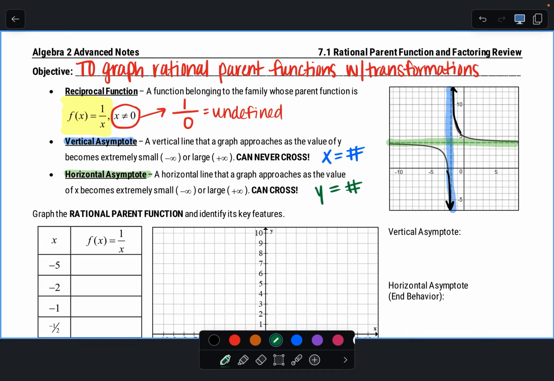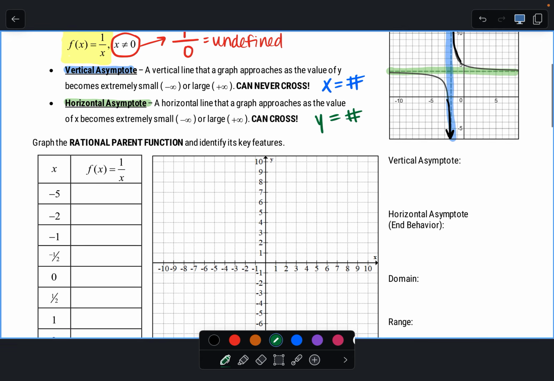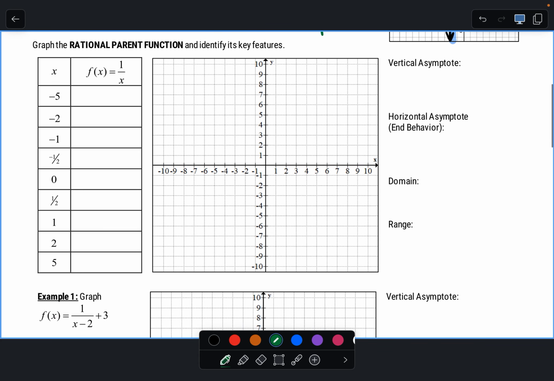So now, knowing what those transformations are, because we should hopefully know them from the many, many times we've done it this year, looking at example 1, I have 2 things, because remember, if you're trying to identify transformations, you're comparing it to the parent function. The parent function is 1 over x. So there's 2 things that I notice that have moved from 1 over x. I have a -2 here, and I have a +3 here.